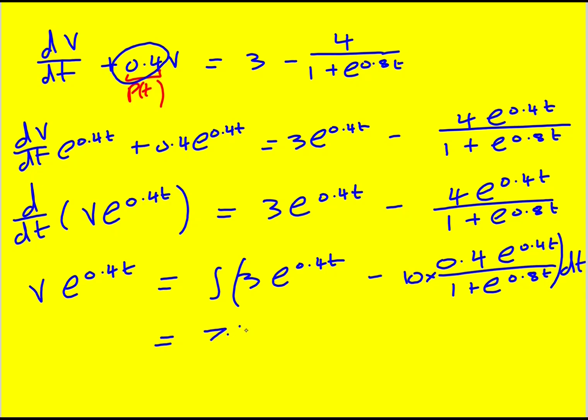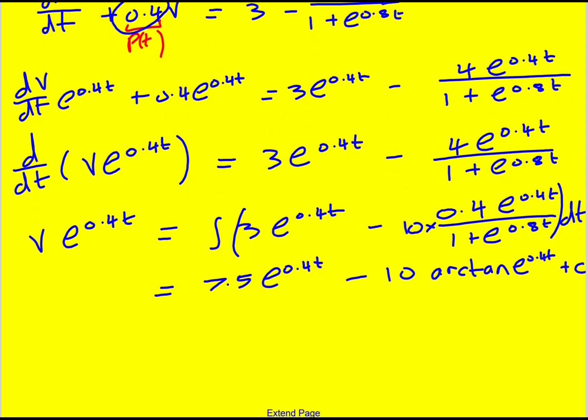Right, let me do this now. I get 7.5 e to the 0.4t, and it's going to be minus 10 arctan, or we could write tan to the minus 1, arctan of e to the 0.4t. Then don't forget your plus c. That must be there. We're very close.